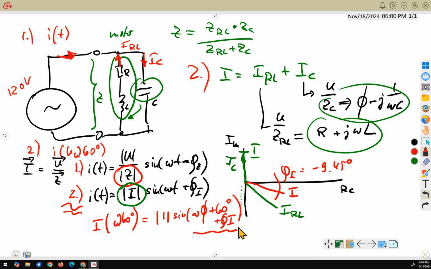This one is the difference. It means 60 degrees minus 9.45 degrees, and then we figure out the current when the voltage reaches the 60-degree phase angle, and the result is 1.46 amps at this point when the voltage is at 60 degrees.